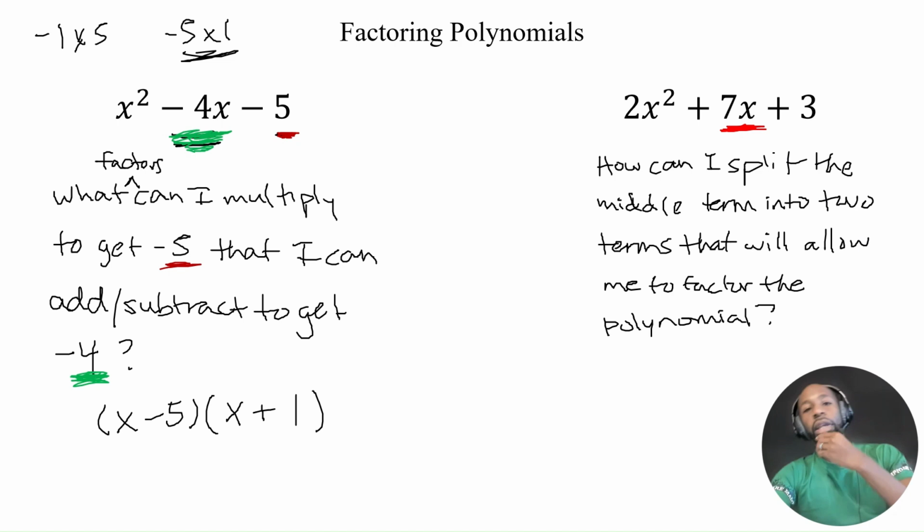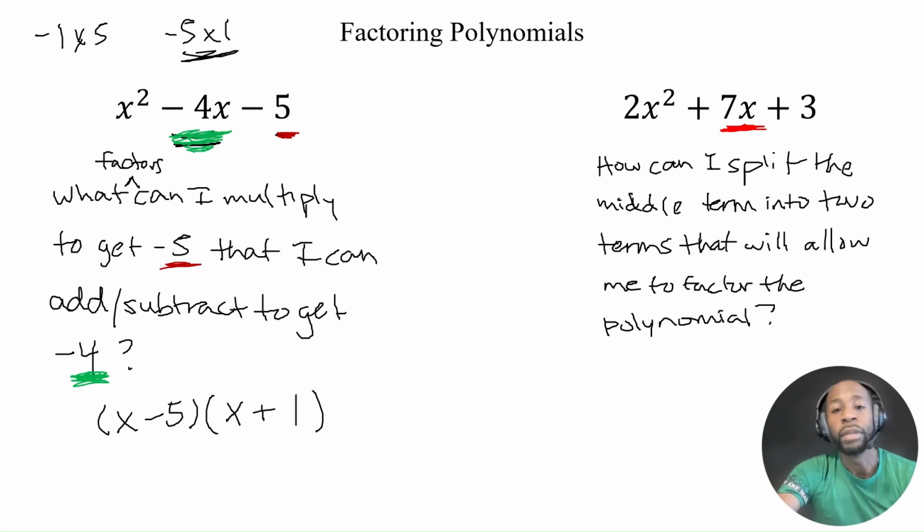What do I mean by that? Think about this. 7x could be changed to 6x plus x. It could be changed to 5x plus 2x. It could be changed to 4x plus 3x. It could be changed to a variety of things. But some way, I can change this in a way that will allow me to factor the whole thing.